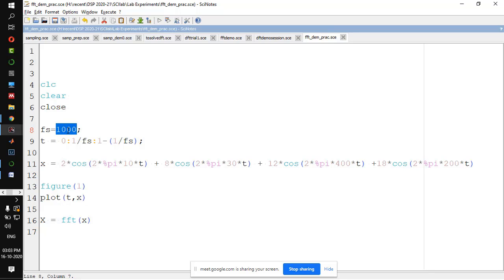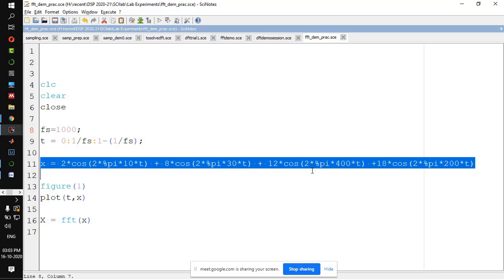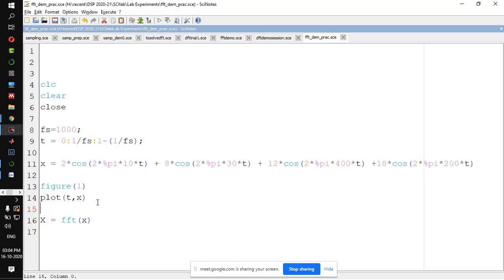If I take sampling frequency as 50k, I have to take a 50k point DFT of this sequence. I'm trying to convince you of the practical difficulties. The theory is just 4 point and 8 point, maximum 16 point. In the practical case, it is like 1000, depending upon the sampling frequency, that many point DFT I have to take.